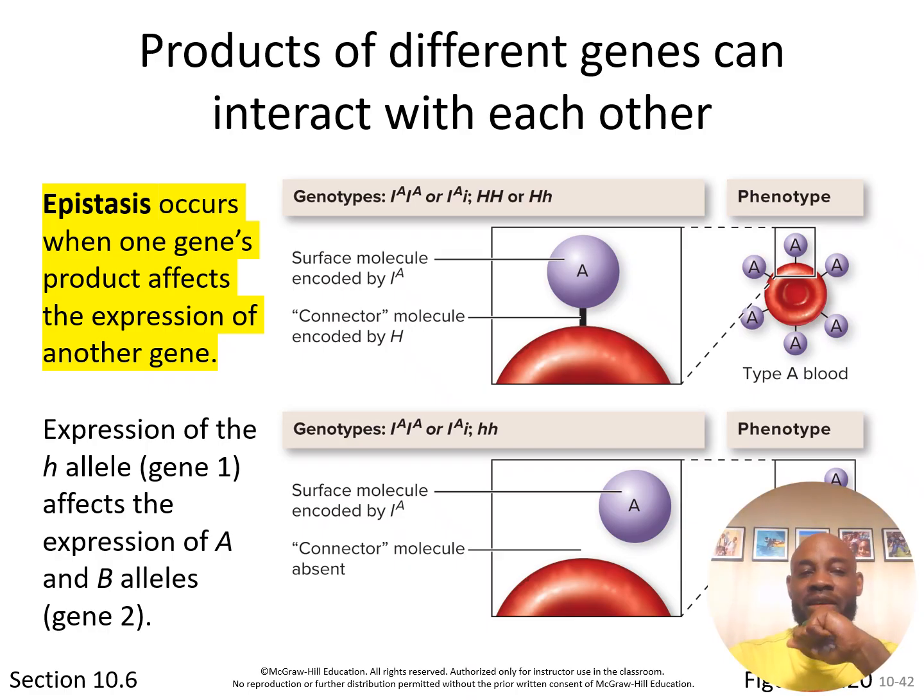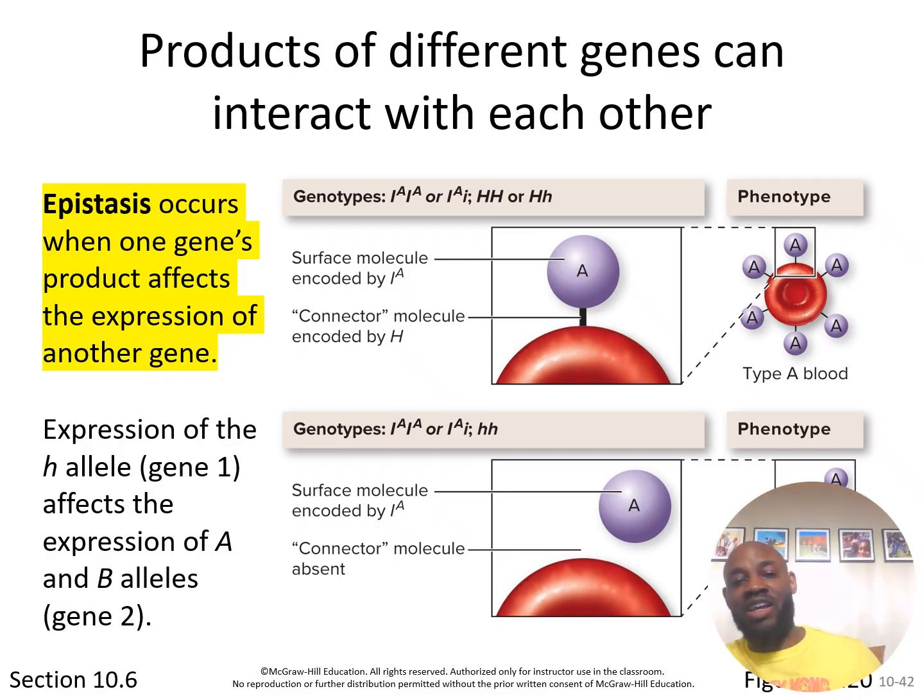You also have epistasis, which occurs when one gene's product affects the expression of another gene. Back to type A or type B blood, you have to have a way for that A antigen to be able to bind to the red blood cell. The expression of the H allele, gene 1, affects the expression of the A and B alleles, gene 2.